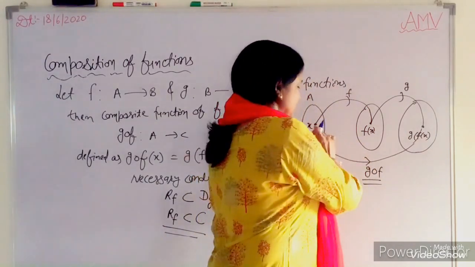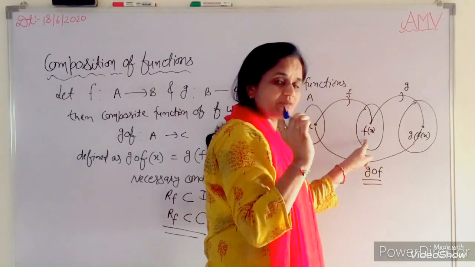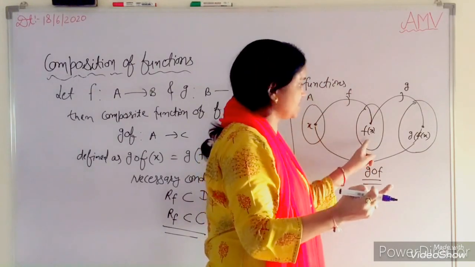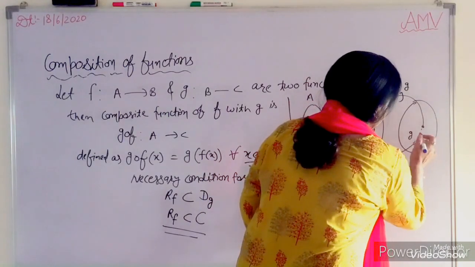Means x is an element, the image of x is f(x). Now f(x) is considered as an element and the image of f(x) is g(f(x)).